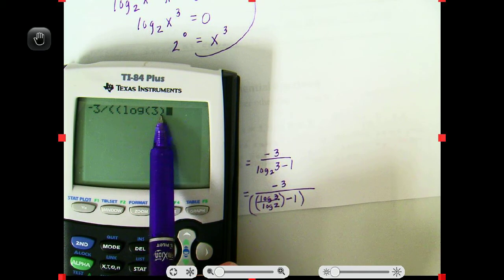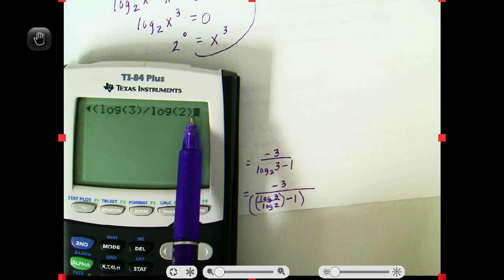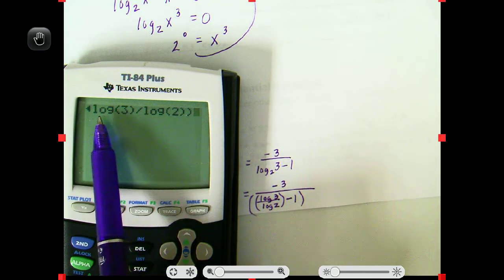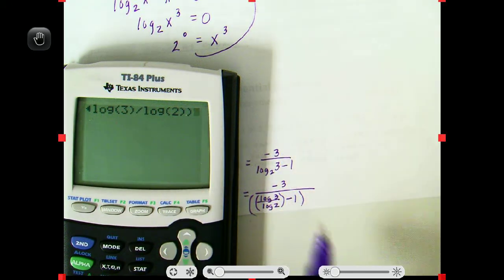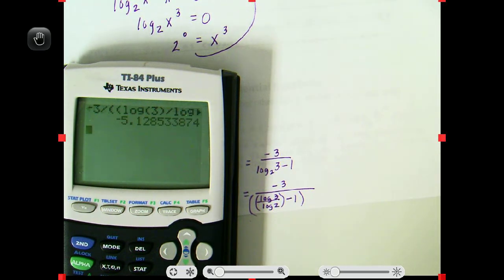That parenthesis is just closing the 1 around the 3, divided by log 2. Again, that parenthesis is just closing the 1 around the 2. The extra parenthesis is closing off the fraction of the logs. And then you'd have to do minus 1, and then this last parenthesis is closing off the whole denominator.